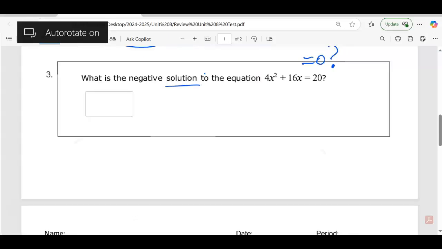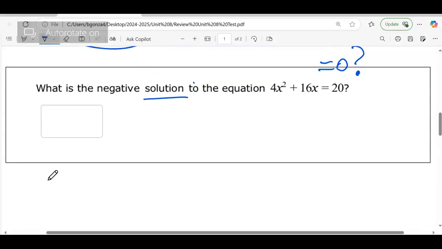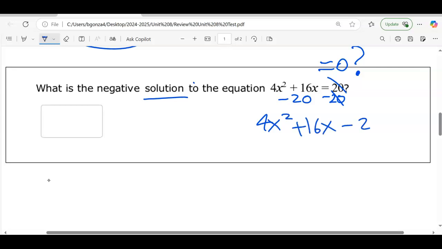We have to get rid of this equals 20. How do I get rid of a positive 20? Minus 20, minus 20 cancels out here. 4x squared plus 16x minus 20 equals 0. And now I'm going to graph in Desmos and find the x-intercepts.